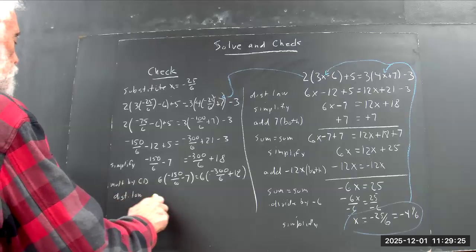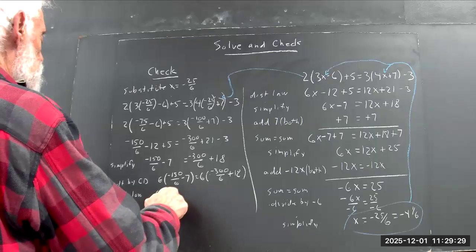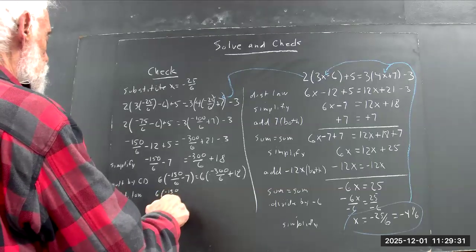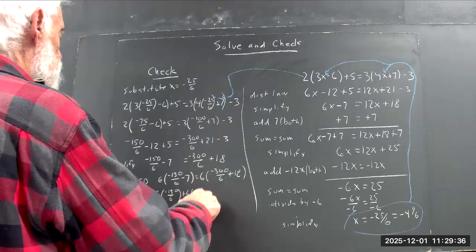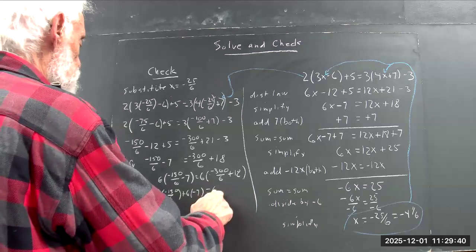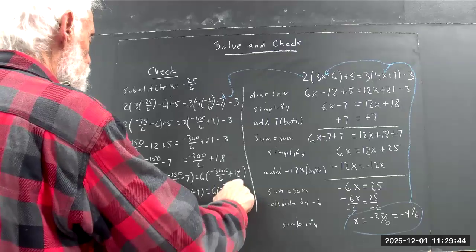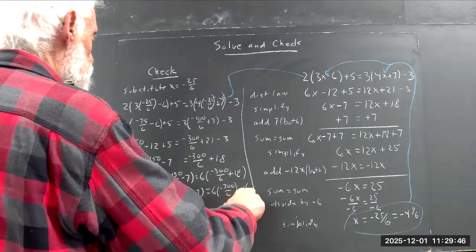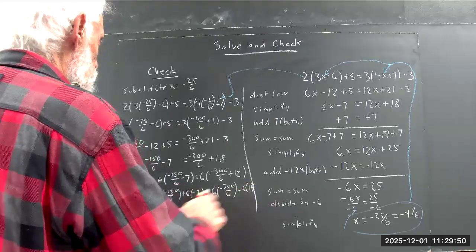The distributive law tells us that this is 6 times negative 150 over 6 plus 6 times negative 7 on the left-hand side, and 6 times negative 300 over 6 plus 6 times 18.